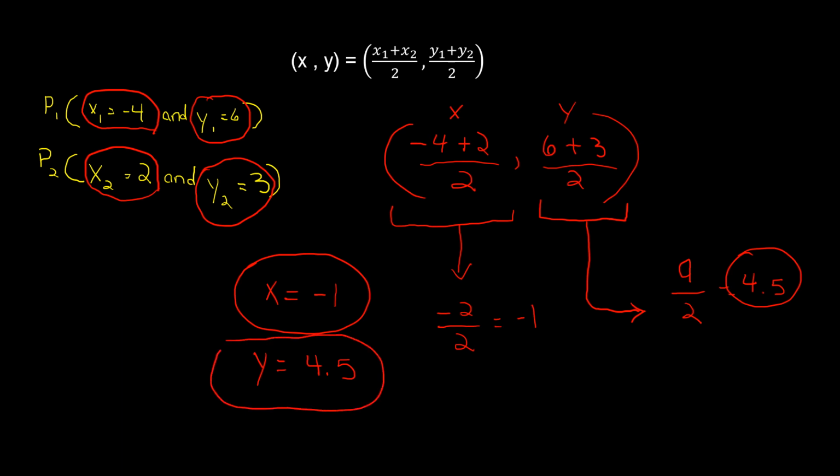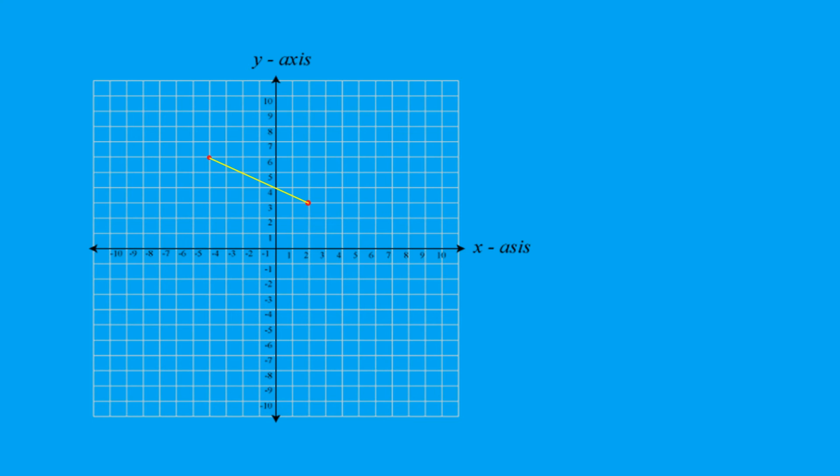So let's plot this on the graph of the line segment that we previously had. See where it leads us. So let's write down our points. X equals -1 and y equals 4.5.